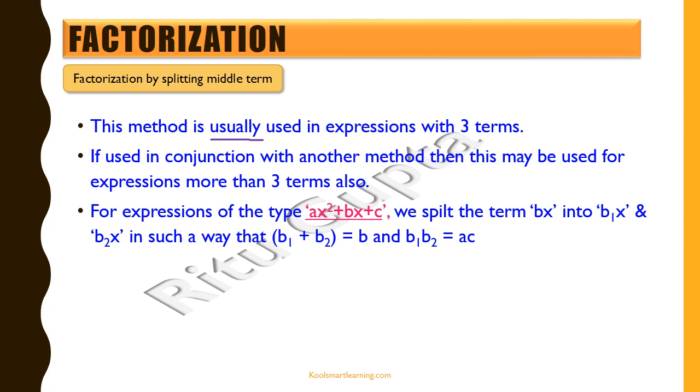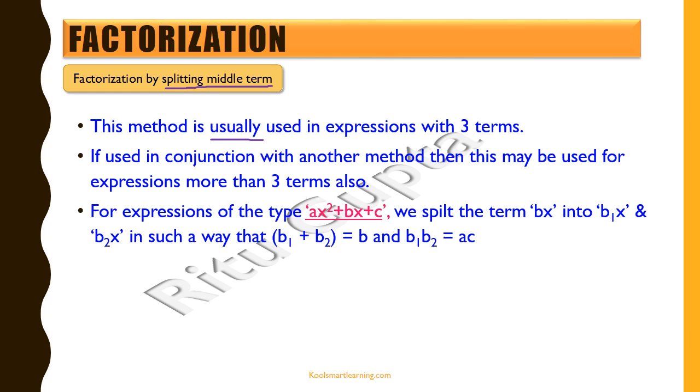Now for expressions of the type ax square plus bx plus c, we split the term bx. The name of the method says factorization by splitting the middle term. So what we're trying to do here is, the middle term in this case is bx.